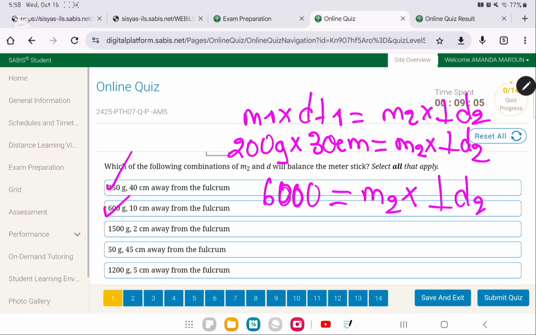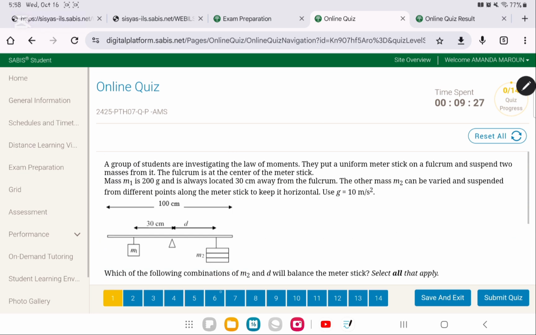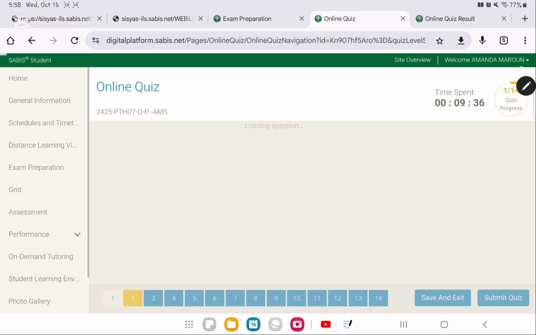Then 1,500 times 2 is not equal to 6,000, so it's not an option. 50 times 45 is not equal to 6,000, so it's not an option. 1,200 multiplied by 5 is equal to 6,000, so it is an option. So these are options to make mass 2 times perpendicular distance 2 equal to mass 1 times perpendicular distance 1.